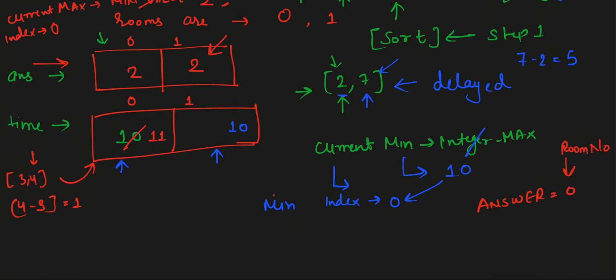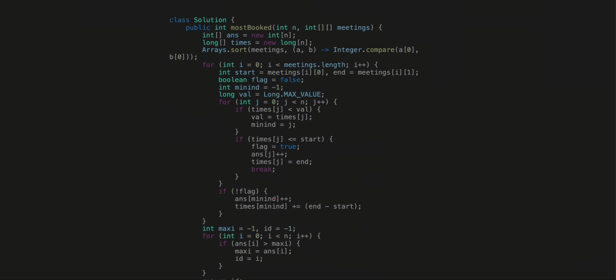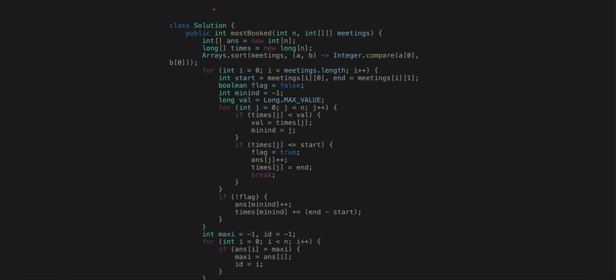Now let me give you a code walkthrough of this. This is Java code. What I did, as we discussed above, I initialized an answer array and a times array.